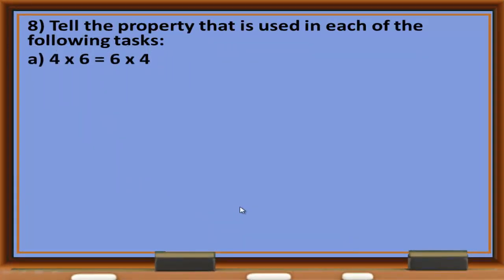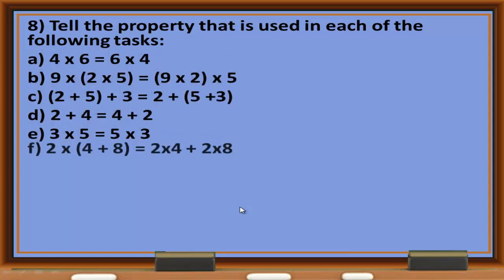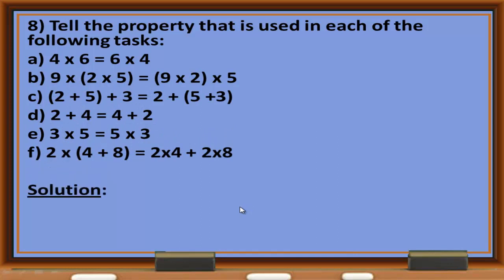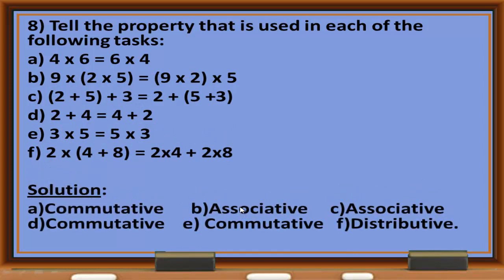Number 8. Tell the property that is used in each of the following tasks. Solution. The first one, A, is commutative, that is, only the order is changed. The second one is associative, that is about brackets.